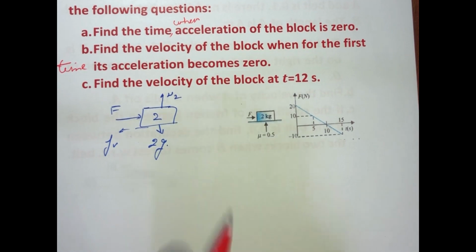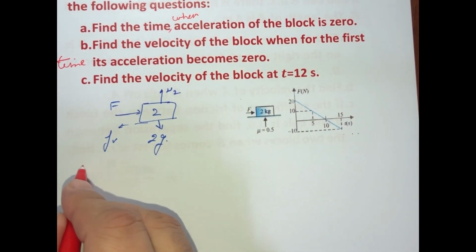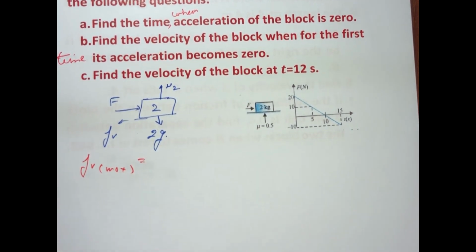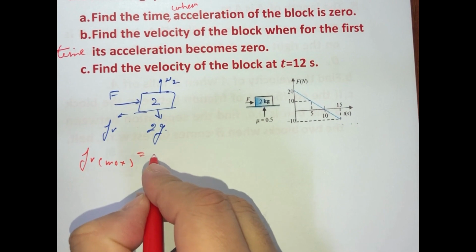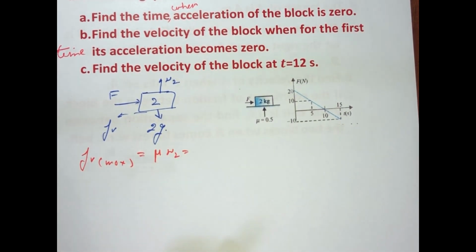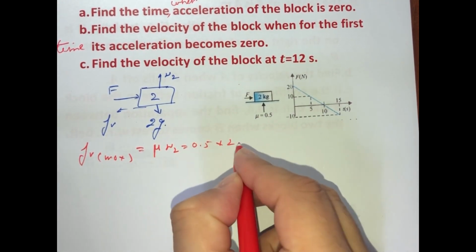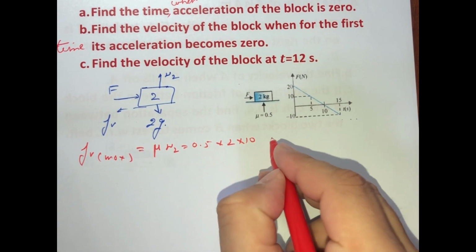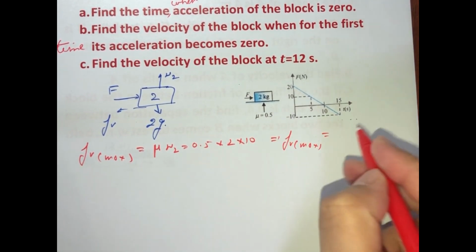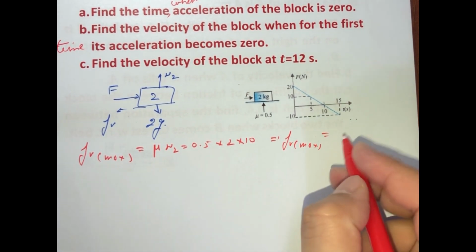So Fr max, which is the limiting value of friction, will be given as coefficient mu multiplied by N2. Mu is given as 0.5, and this will be 2 multiplied by 10. So the maximum value of the friction will be equal to 10 Newton.